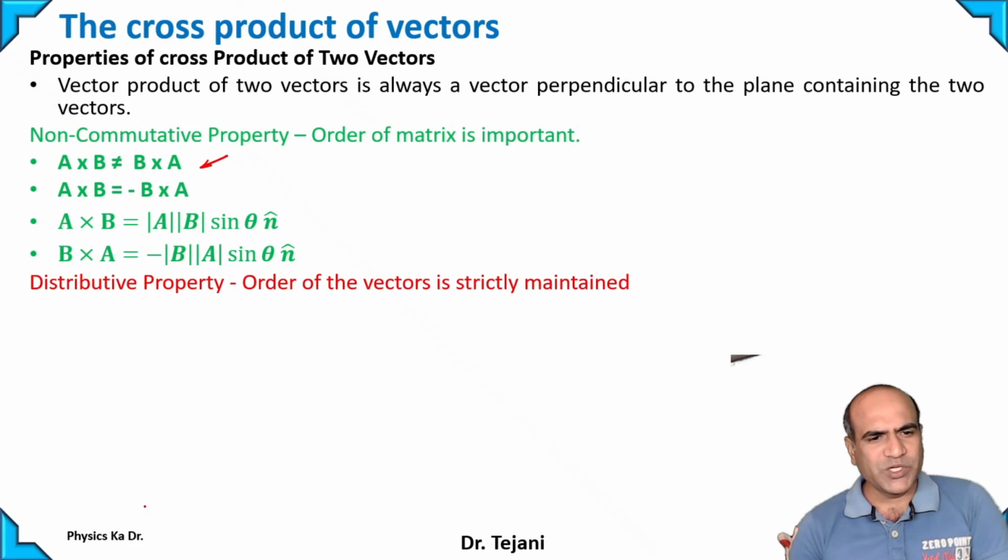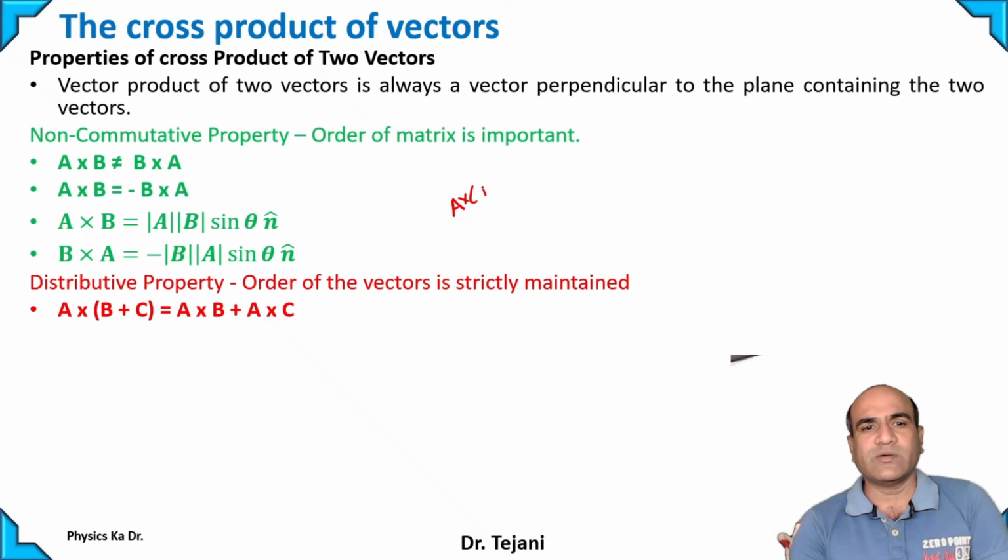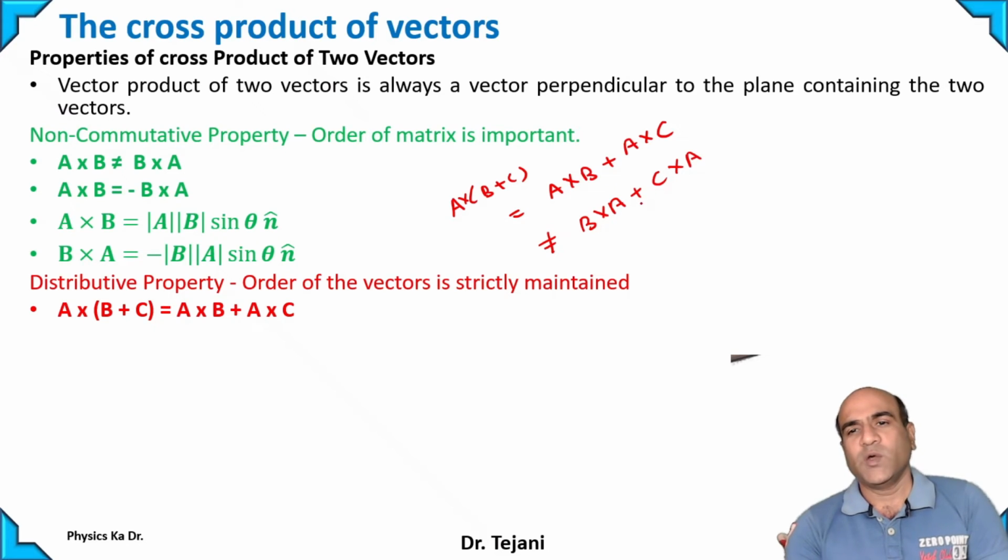Second is the distributive property, how the products are getting distributed. Like that, the order of vectors is strictly maintained. For example, if it is A cross (B plus C), yes, we can have A cross B plus A cross C, but we cannot write B cross A plus C cross A. We have to follow its order strictly.